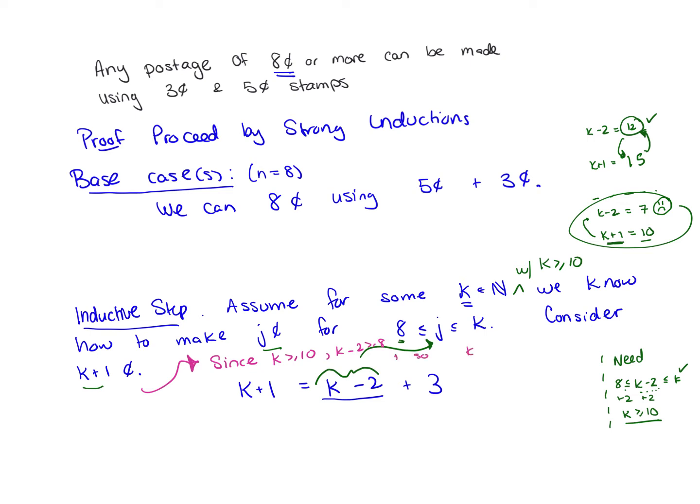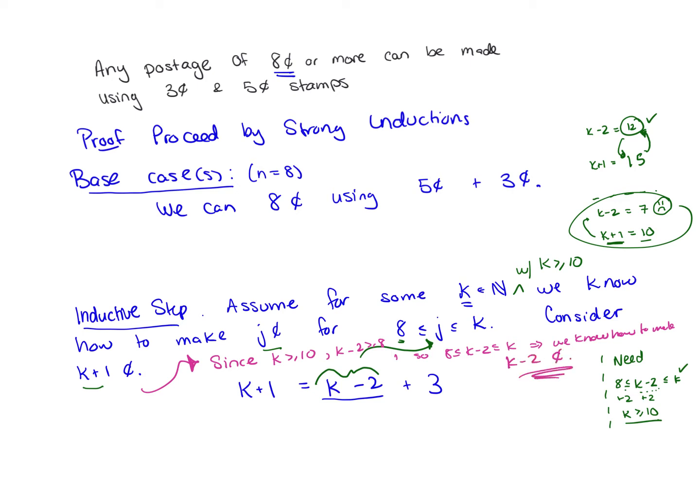So k minus 2 is between 8 and k, which means we know how to make k minus 2 sense. Now I just want to put in that we know how to make k minus 2 sense. Oops, deleted that.